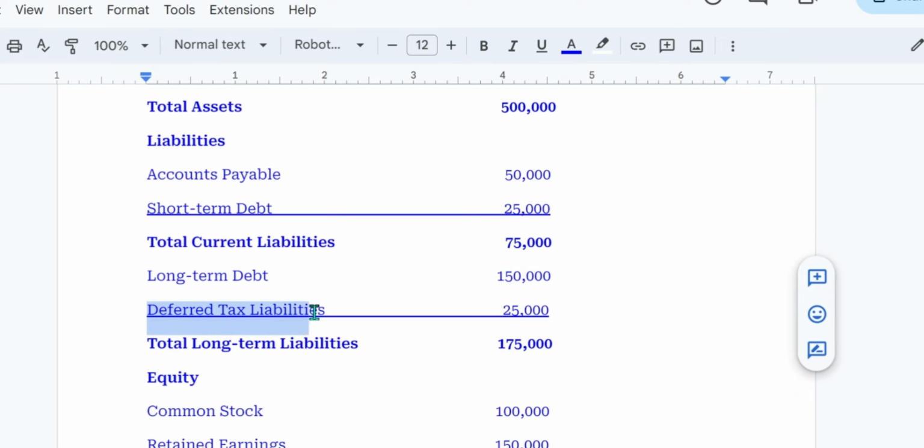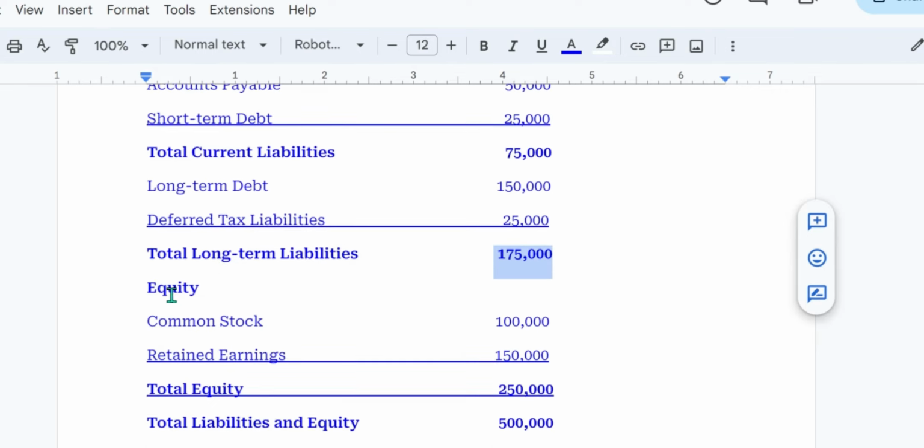Deferred tax liabilities of $25,000. And that gives us total long-term liabilities of $175,000. And similar to current assets, current liabilities are those that are due in less than a year, and long-term liabilities are due longer than 1 year.